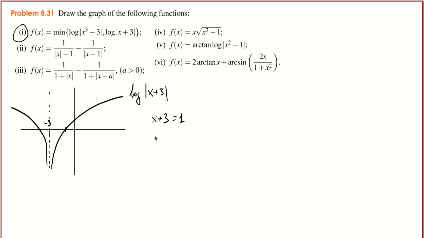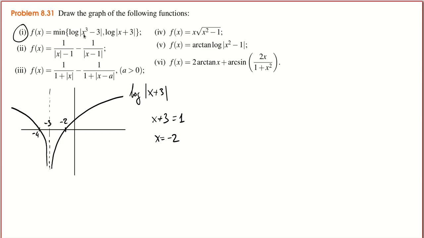So that means that x is equal to -2. So this point here, well, it's actually 2 shifted to the right, but this point is -2. And the mirror image of this is -4. So this point here is -4, okay? Well, this is all that we have to know about this function here.